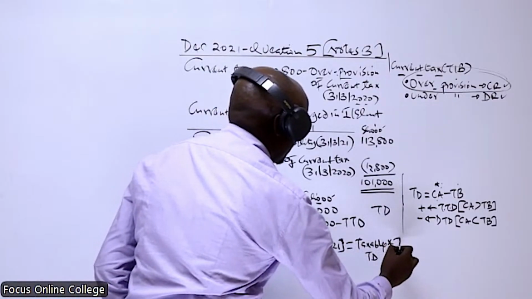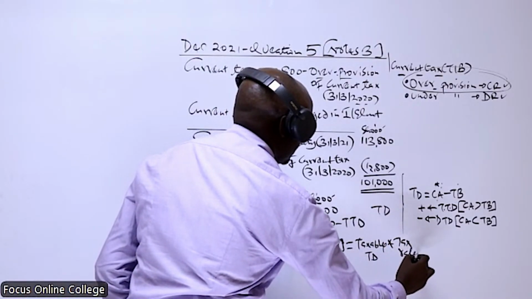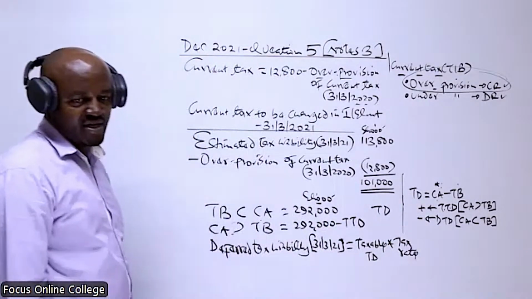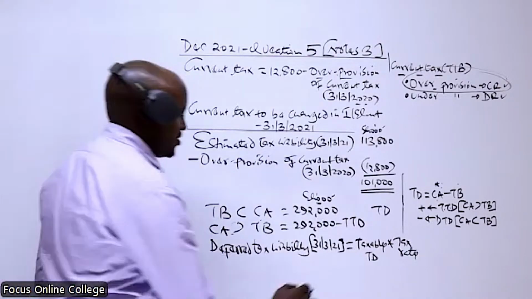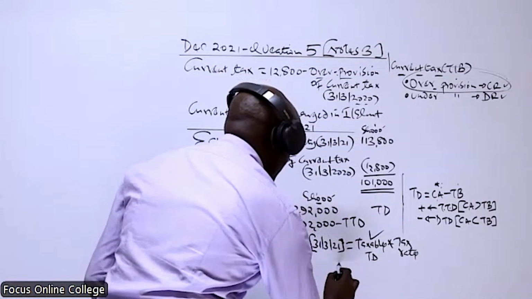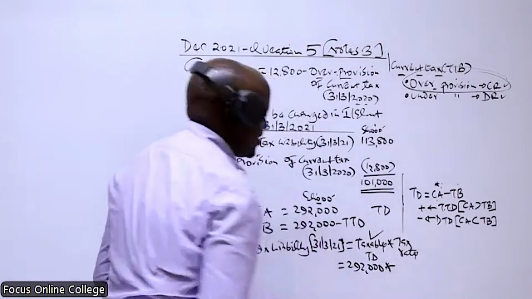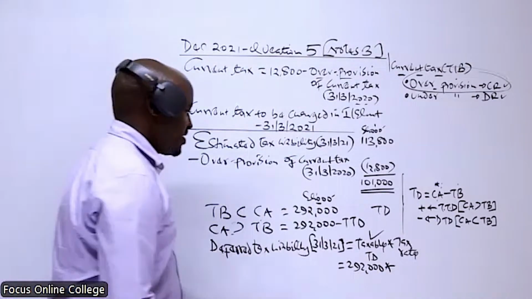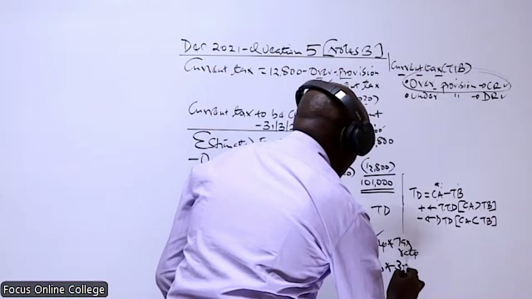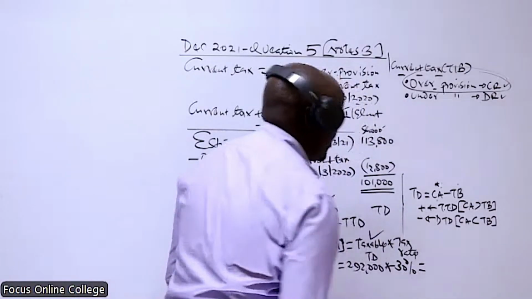We multiply this with the tax rate. So our taxable temporary difference is 292,000. And then still in that point, we are given the tax rate. Can you see the tax rate? Yes, the tax rate is 30%.